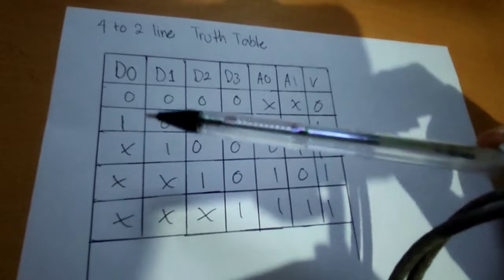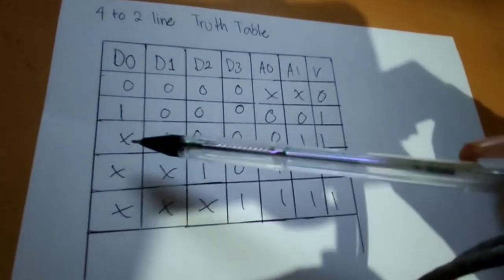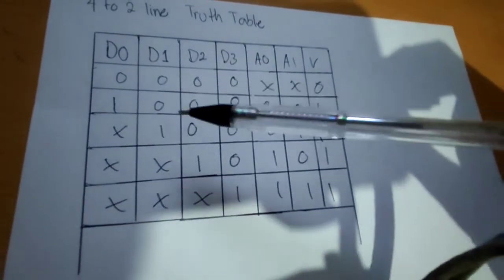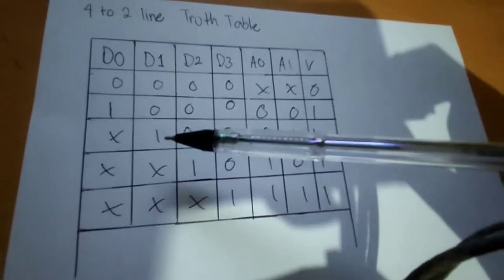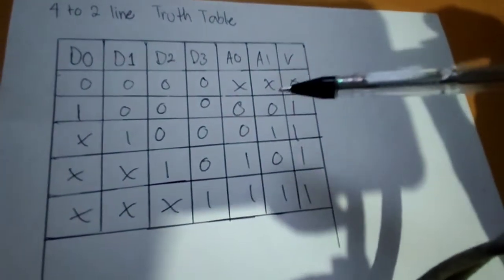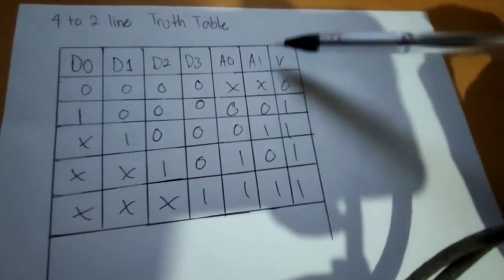Then if D1 is 1, D0 is X because D0 is less priority and D1 is higher priority, and D2 and D3 are 0, then A0 is 0, A1 is 1, V is 1.